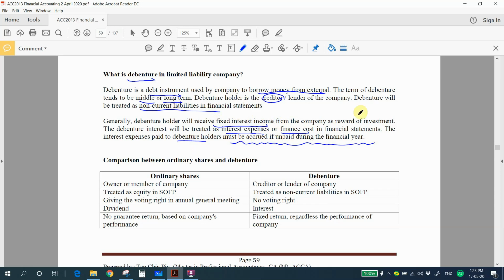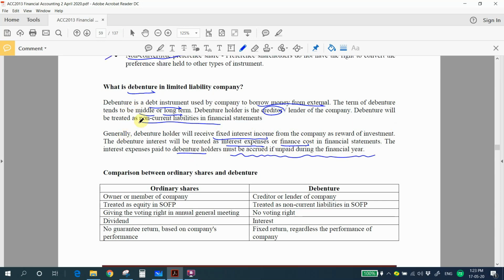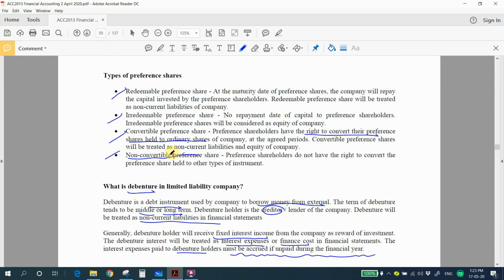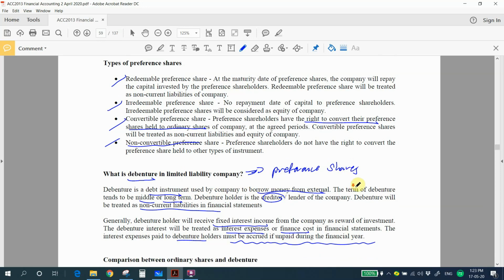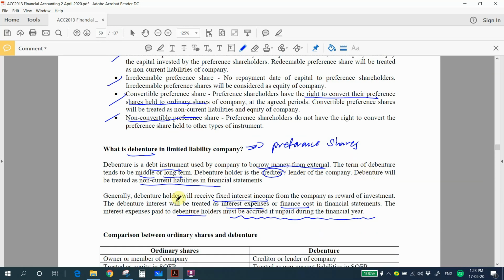So from this explanation, we can see that debenture is very similar to what? Debenture is very similar to preference share, because they are non-current liabilities in the company. They are the creditors, they are the lenders, they do not have voting rights, and their return is what?